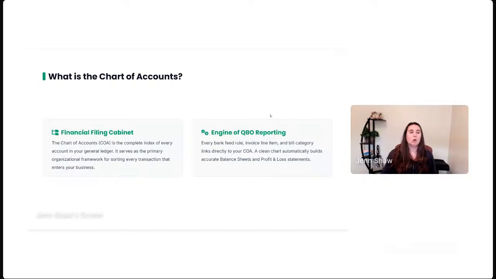Okay, so what is a chart of accounts? Well, it's basically a file cabinet into which you are putting all of your transactions. Accounting is what's called a double entry system, and so every single transaction that you have has two different line items.